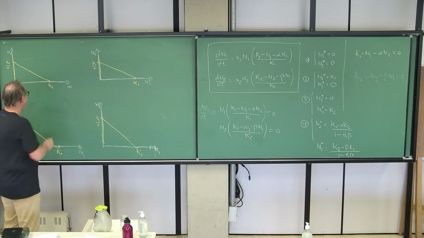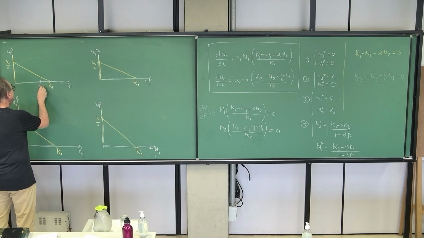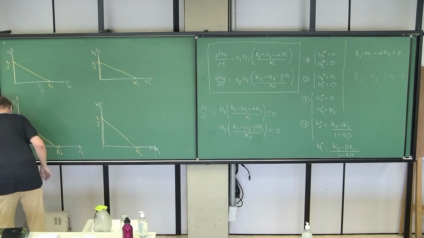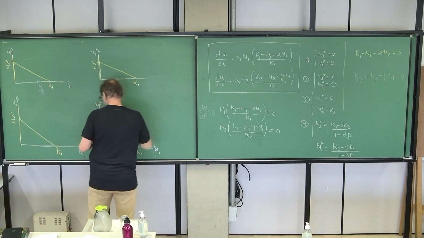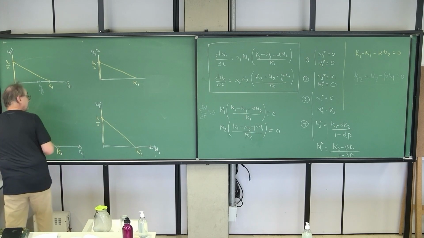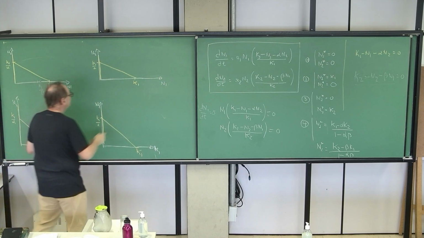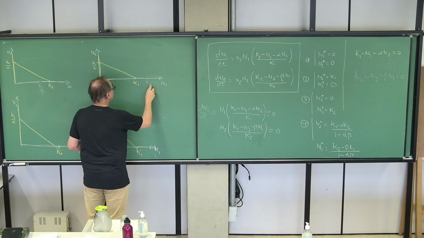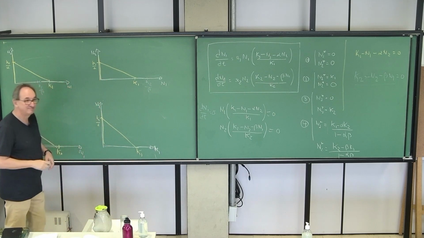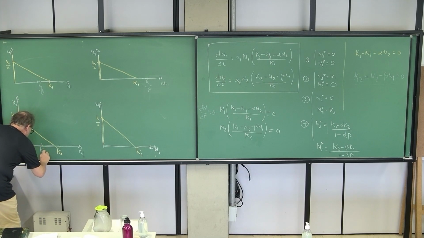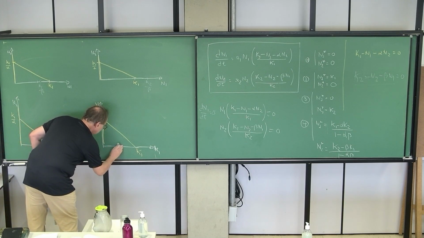So k2 over beta can be on this side, or it could be on the other side. So I will have two cases. I will draw k2 over beta here, and k2 over beta here.